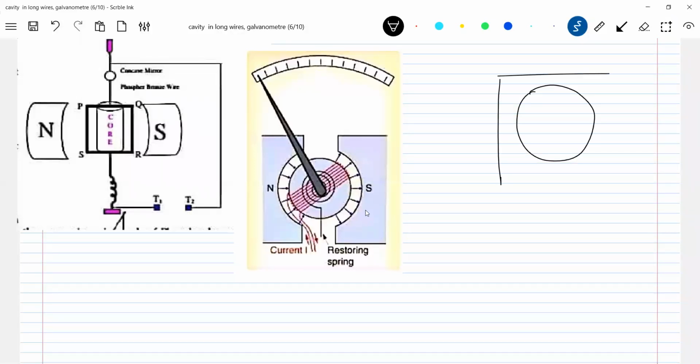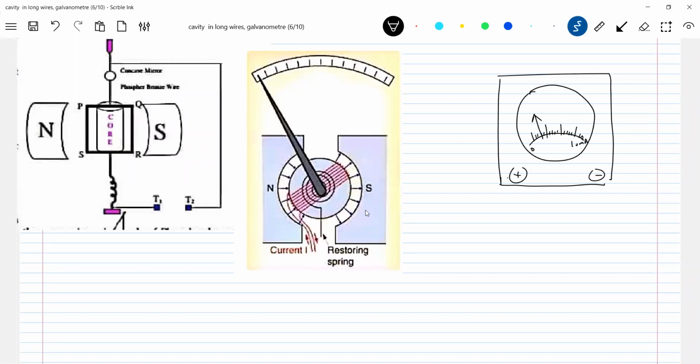You just type in Google Images, you can see several types of galvanometer. This 10 milliampere one we usually took in examples, plus minus.